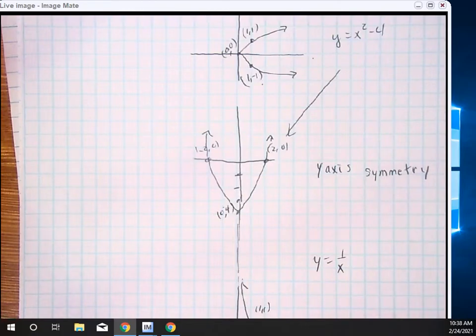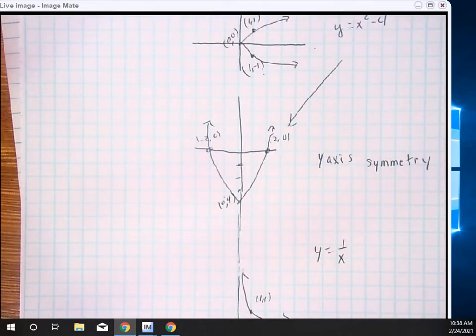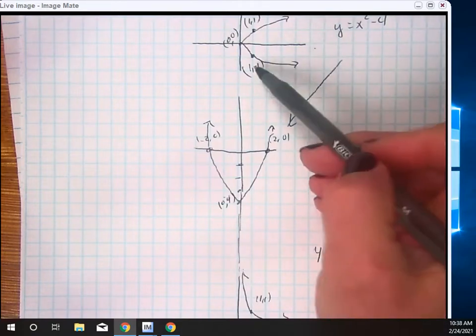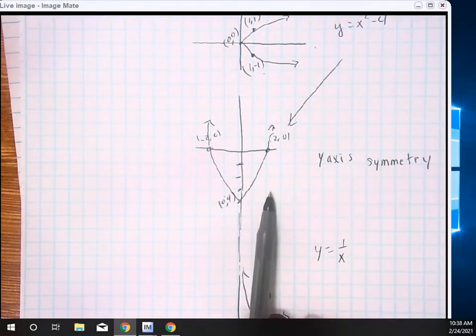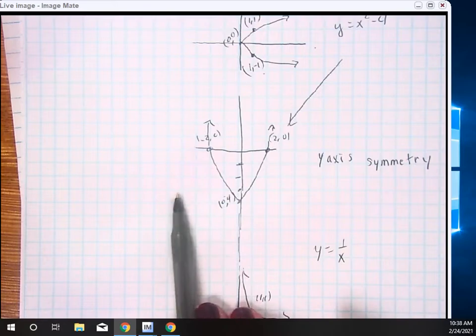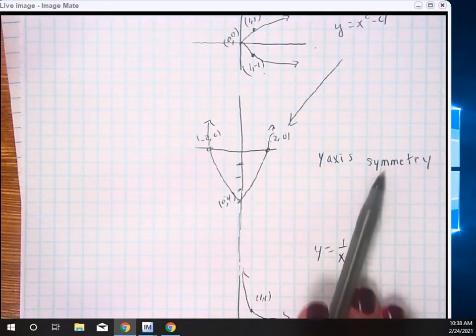And which values change, the x's or the y's? The x's. So when you put in the opposite x, you have to get the same y out. Okay, so you put in your x, you get the opposite y, it has symmetry with respect to the x. If you put in your opposite of x and you get the same value, then it's y symmetry.